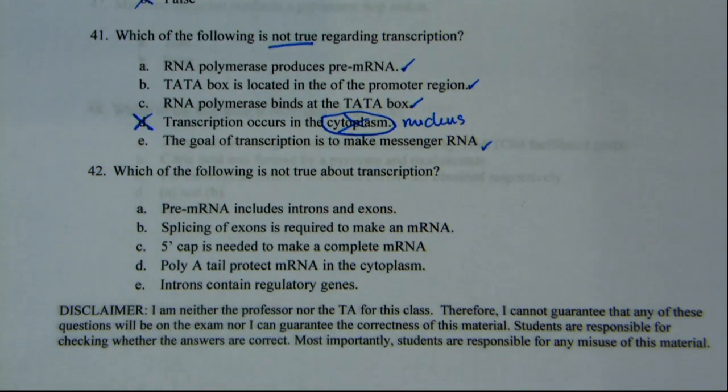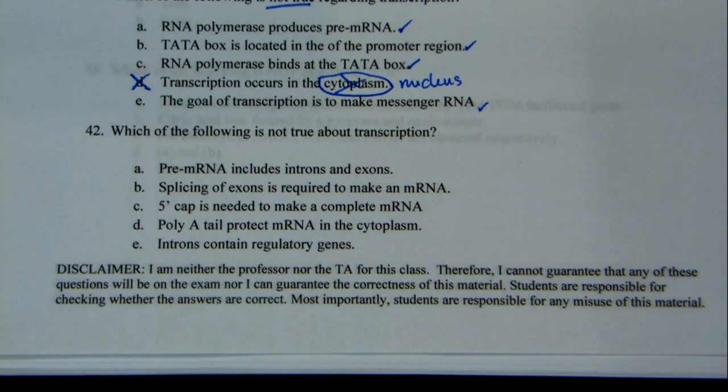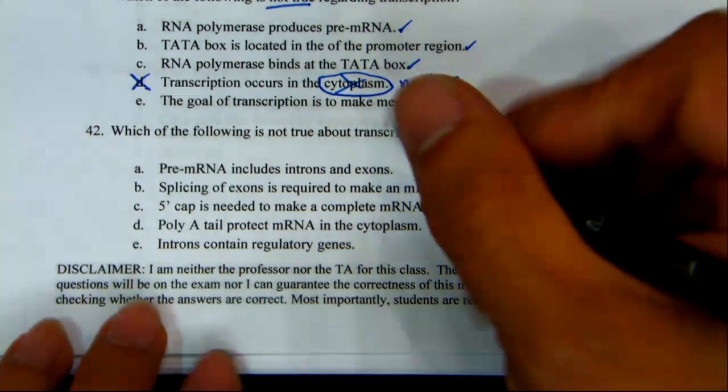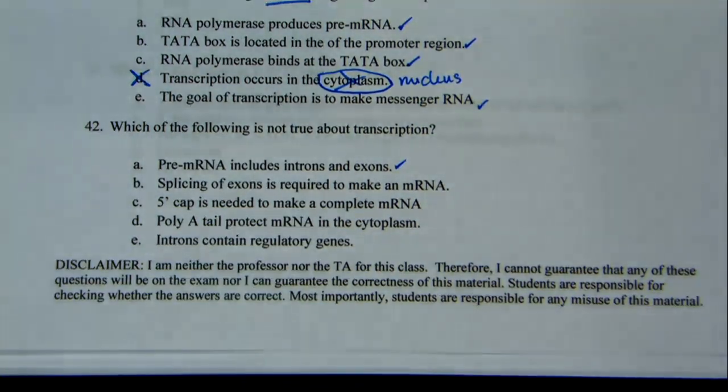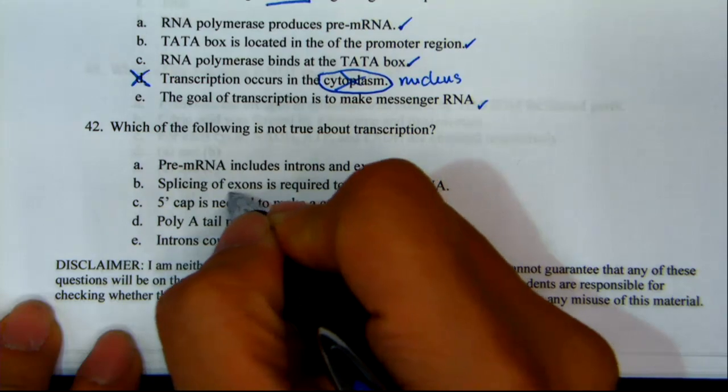So 42, which of the following is not true about transcription again? Pre-mRNA includes introns and exons. Is that correct? Right, so this one is also correct. Splicing of exons is required to make an mRNA. Is that correct? Actually, it is not.